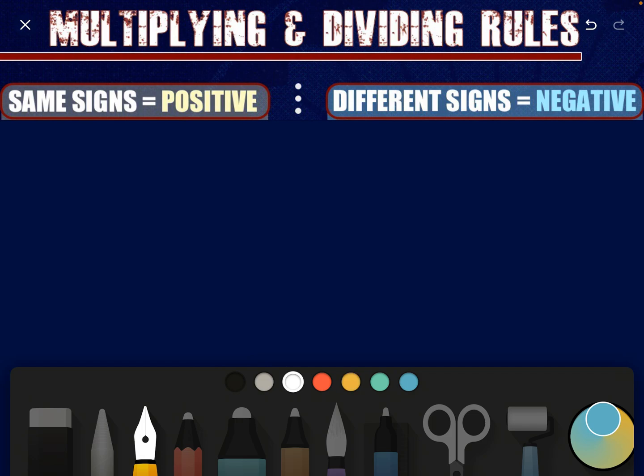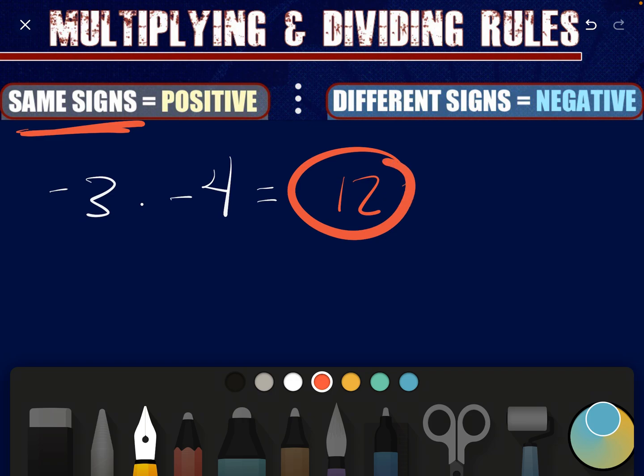now here is where a lot of people get confused, which is that a negative times a negative actually makes a positive. So let's look at it. If I got negative 3 times negative 4, okay? If you just go through the rules, 3 times 4, that's 12. Negative times a negative is the same sign, so it's going to be a positive 12. Now, here's kind of why that works.